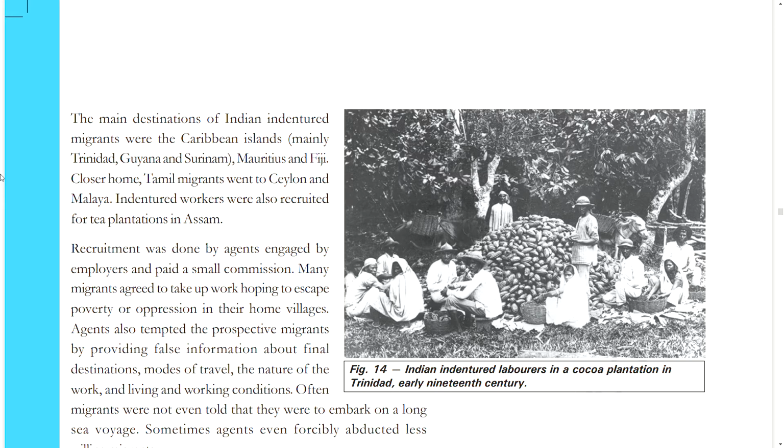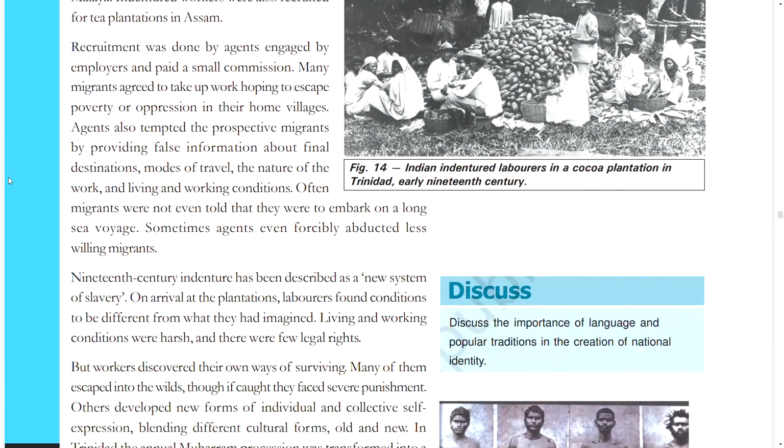Agents also tempted the prospective migrants by providing false information about final destination, modes of travel, the nature of the work, and living and working conditions. Often, migrants were not even told that they were to embark on a long sea voyage. Sometimes, agents even forcibly abducted less willing migrants.